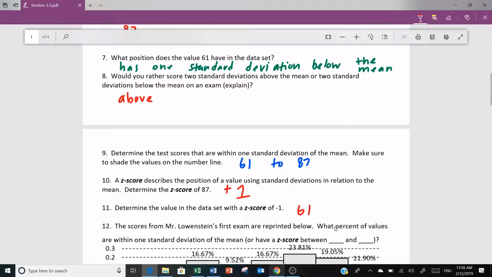What was the z-score of 100? 2. So we should get 2 if we do that. Let's go ahead and do that just to verify that the formula works. It was 74. That's 109.